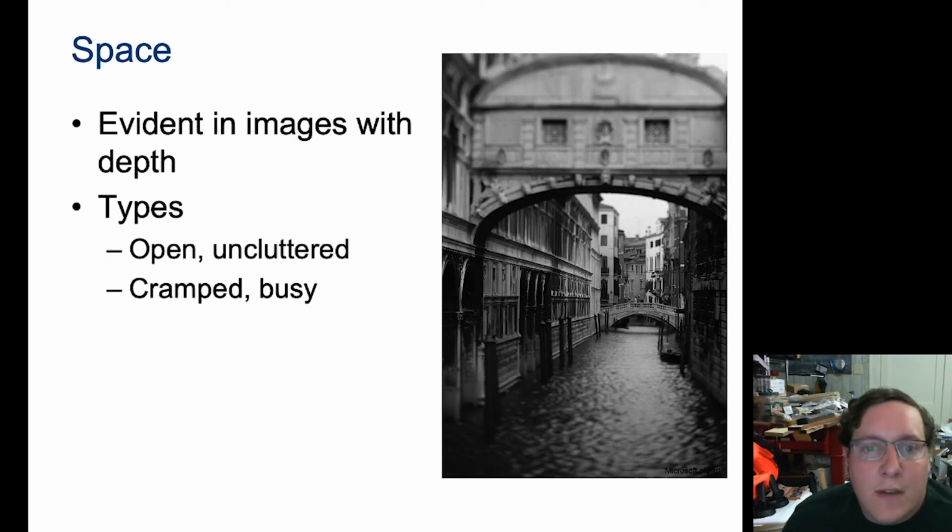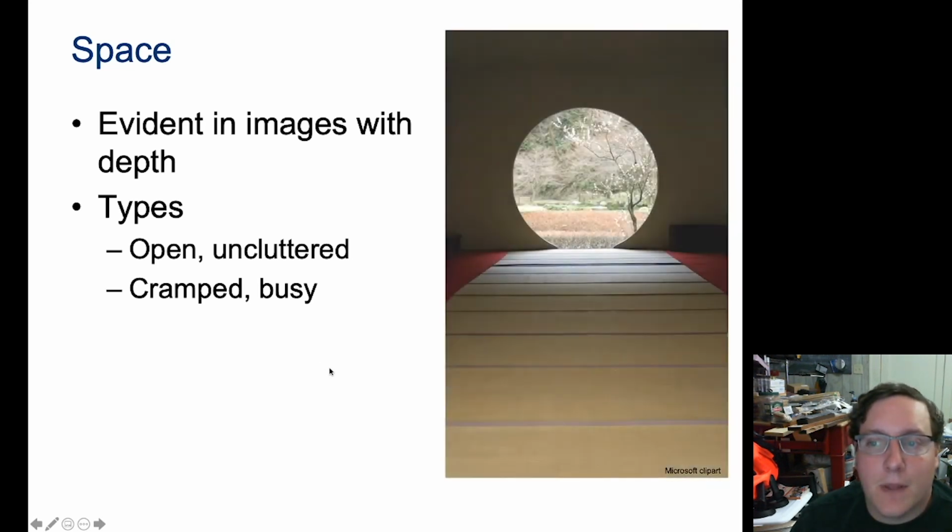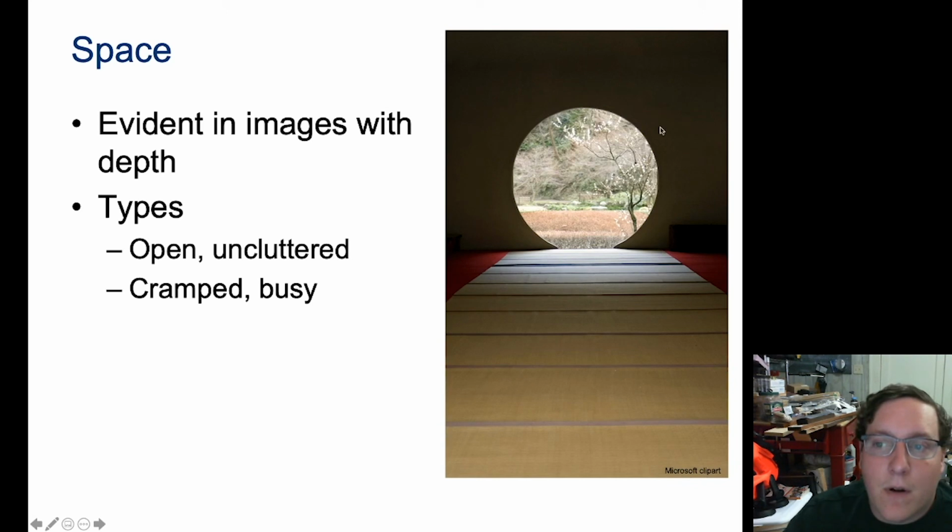Now, in real life, that space can be evident in the images in the depth. We see a busy space in terms of buildings, but the canal is pretty clear. There's not a lot going on in there. Here, on the inside, we see a smooth, kind of clean room.